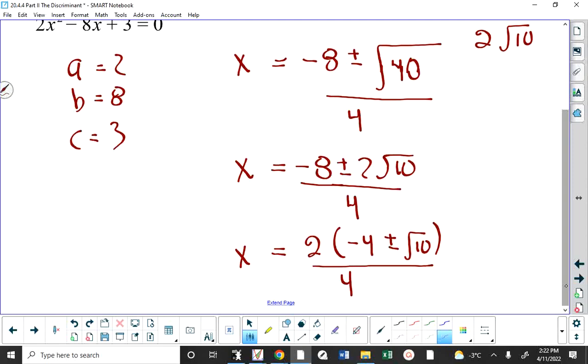That 2 that I factored out cancels with a 2 in the factor pair, 2 times 2, which is the 4. So this simplifies to x equals negative 4 plus or minus root 10 all over 2. We okay there? Yep.